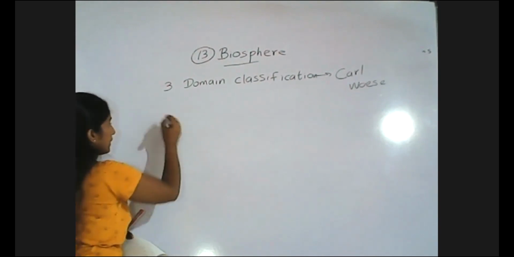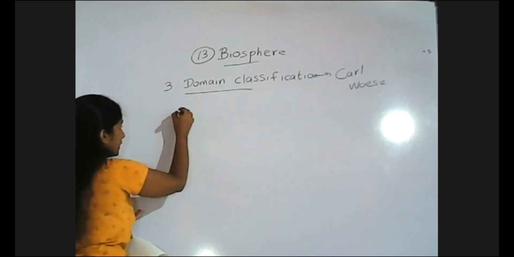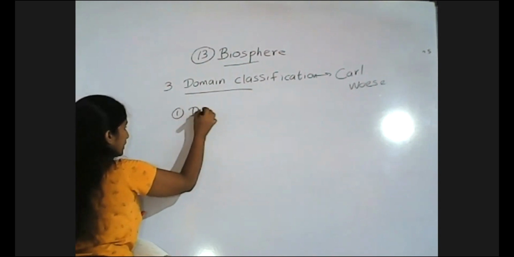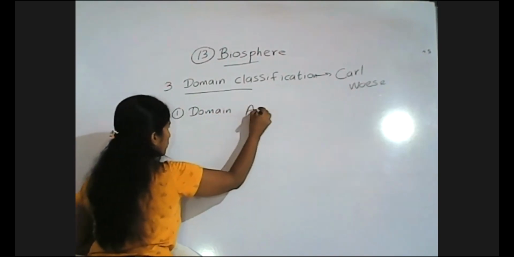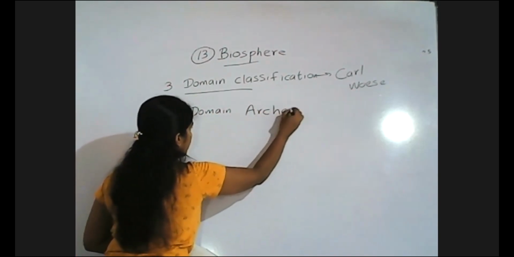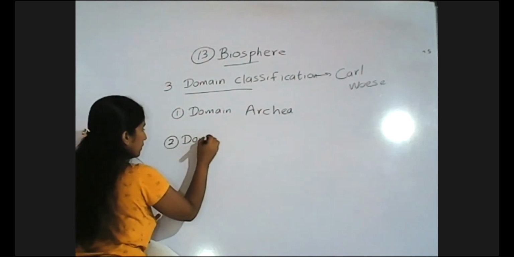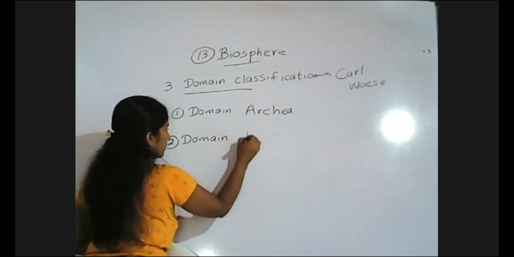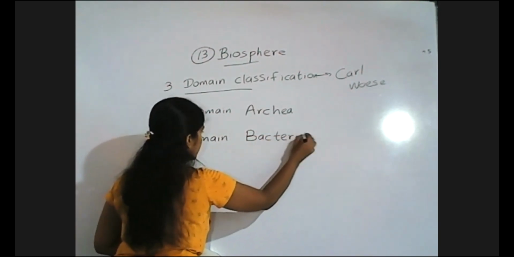All the organisms are categorized under three domains. What are the three domains? Domain Archaea. The second one, domain Bacteria.